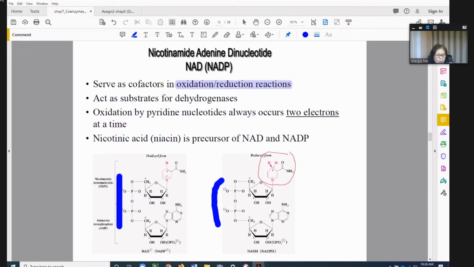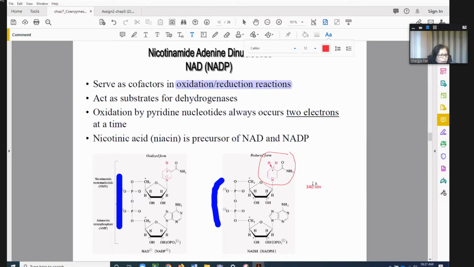One of the ways to monitor enzyme activity requiring these cofactors, NAD and NADP, is to use a spectrophotometer at 340 nanometers. So the reduced forms of NAD and NADP, they absorb UV light at 340 nanometers.